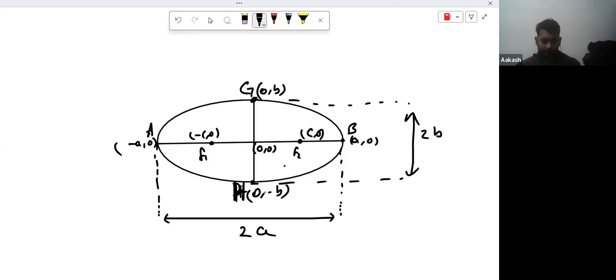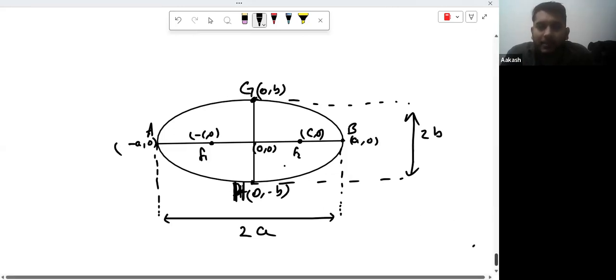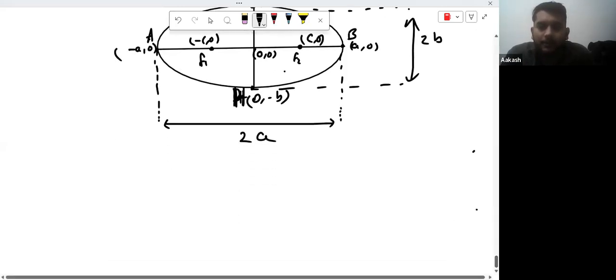Done? Yes, sir. Okay. So if the major axis is 2A, can anyone tell me what will be the semi-major axis? If the major axis is 2A, then the semi-major axis will be A. Very good.